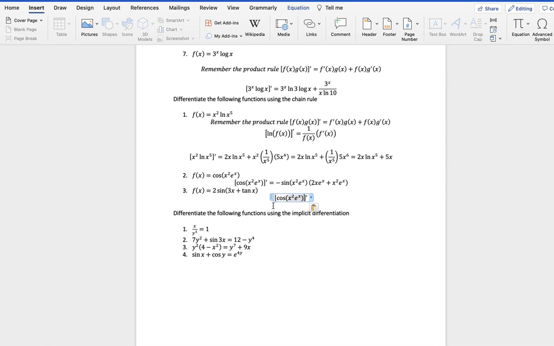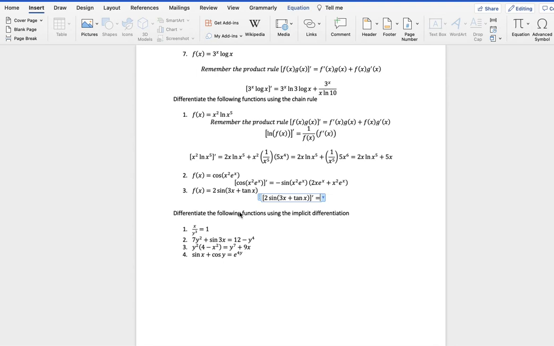Sub question 3. We have 2 cos 3 plus 10x.